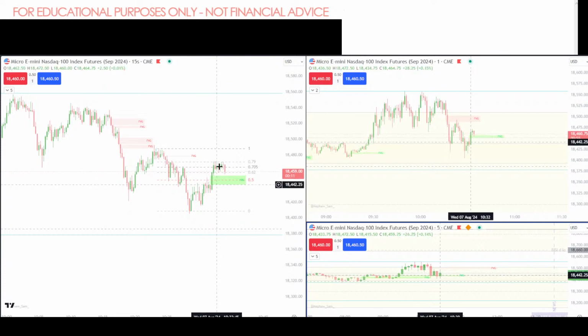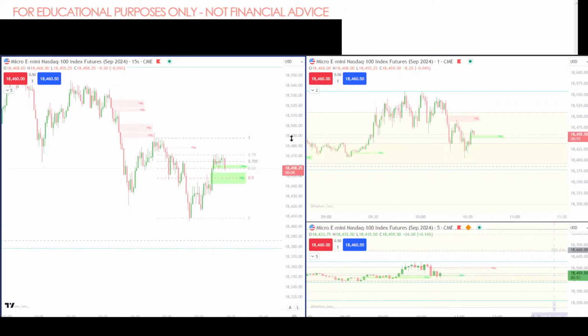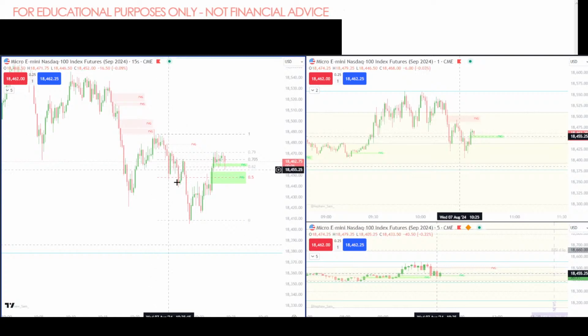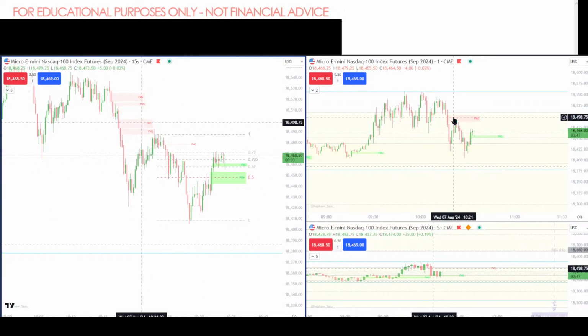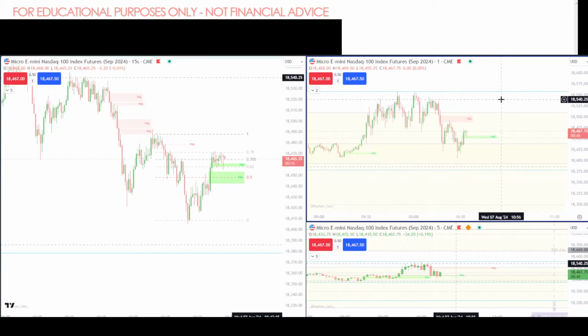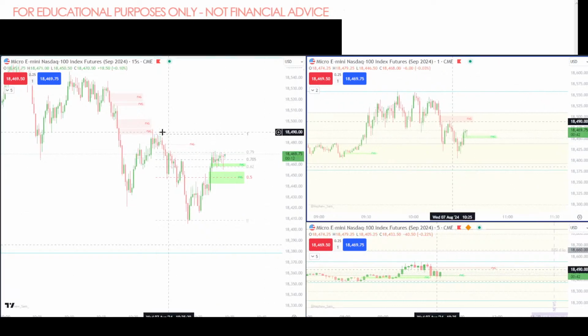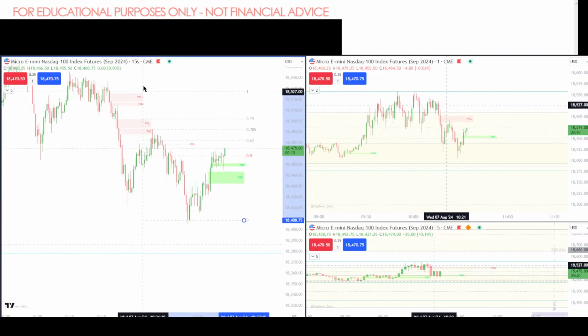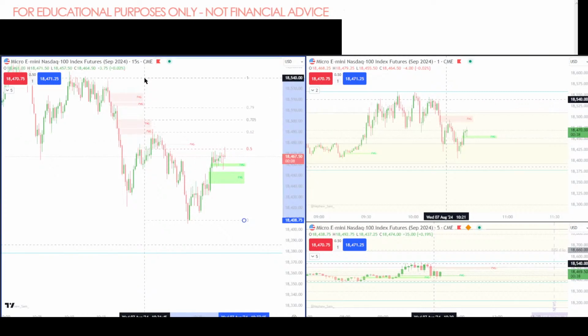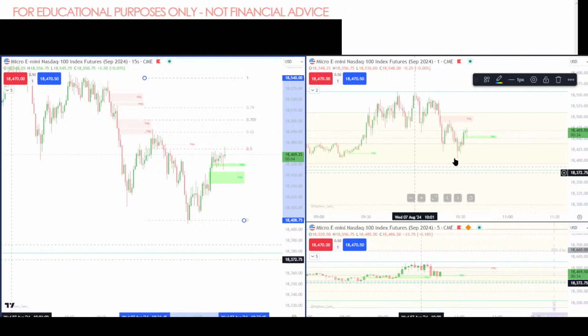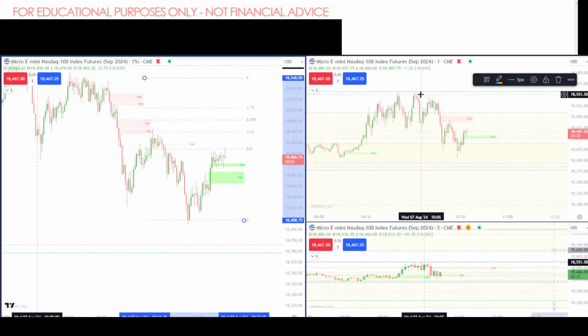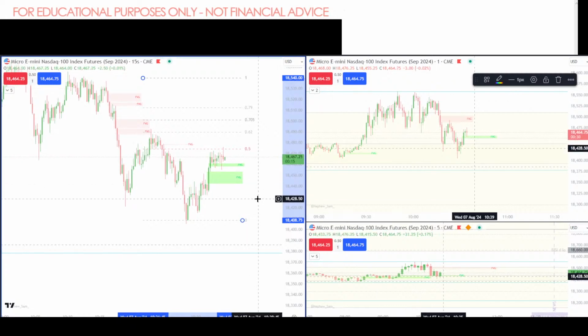We came up into the OTE range on this dealing range here. If we're looking at the entire range here, it's up to the midpoint equilibrium of the dealing range.